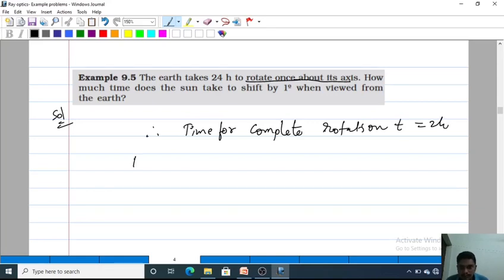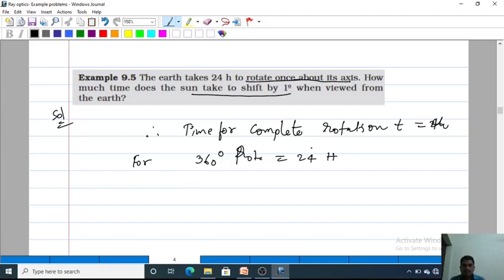Therefore, one rotation is 360 degrees, and to rotate 360 degrees it takes 24 hours. It is asked to find how much time the sun takes to shift by 1 degree.